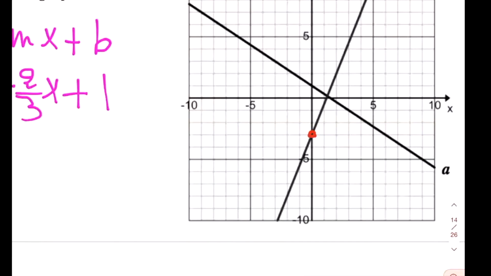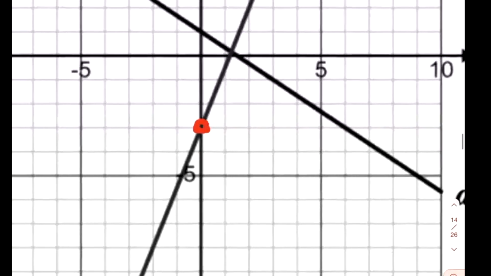The y-axis, this axis. So, what is the y-intercept? Who can tell me? What is this y? -4. 1, 2, 3. -3. -3.